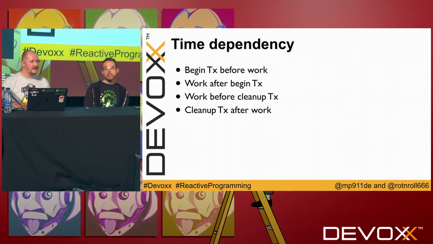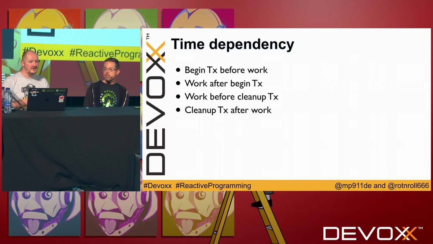Well, it is the fact that we have to have a resource before we can begin a transaction. We have to begin a transaction before we start the work. So we have to wait until the transaction is started. We can only work after the begin, right? We have to apply our work before the transaction is getting cleaned up.